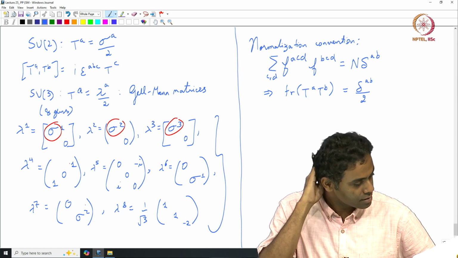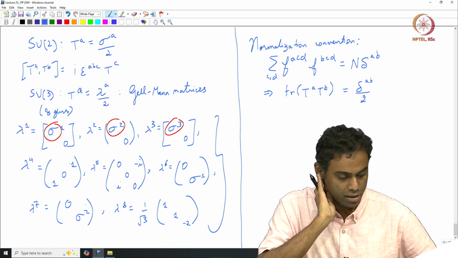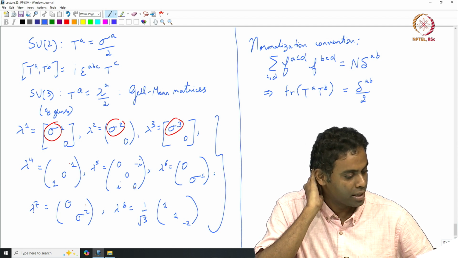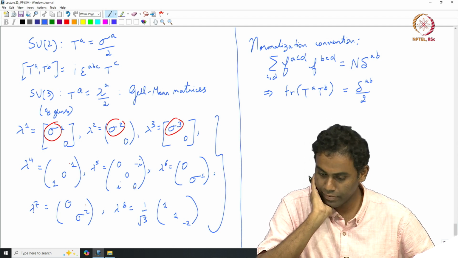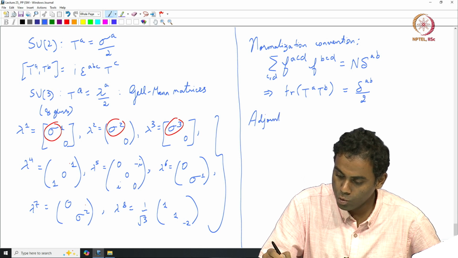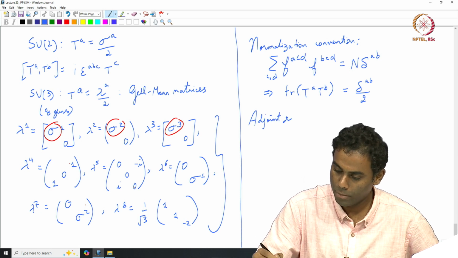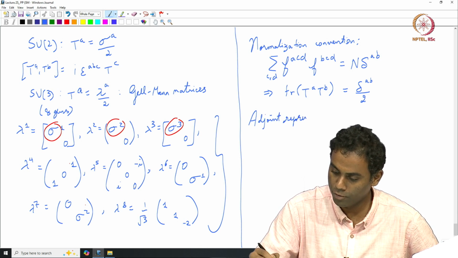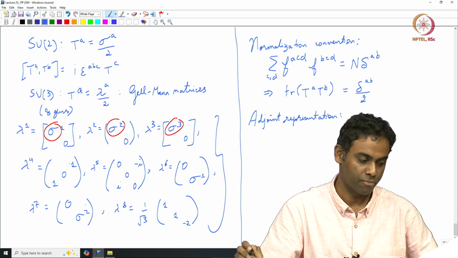Excellent. Now we can go on to what we mean by an adjoint representation. I'm not going to go too much into detail, just enough to give you a flavor for this so that we can do particle physics with it.